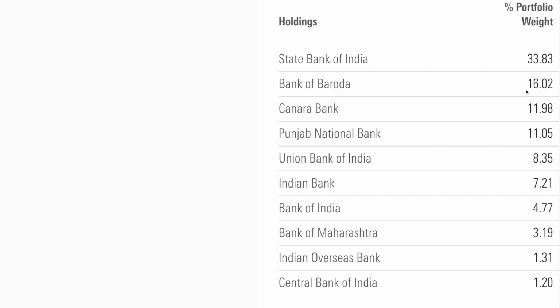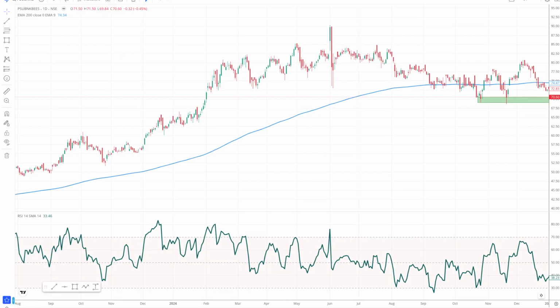Then Bank of India, Bank of Baroda, Canara Bank and Punjab National Bank. So if you can see, the top 3 to 4 banks have the highest weightage here. So whenever you are buying PSUBNKBEES ETF, it is as good as investing in these banks. Let us move on to the chart analysis.